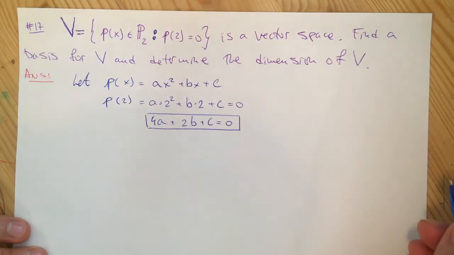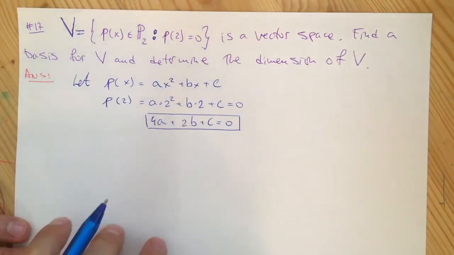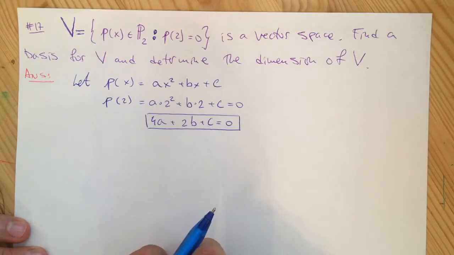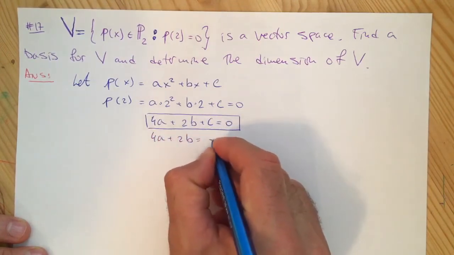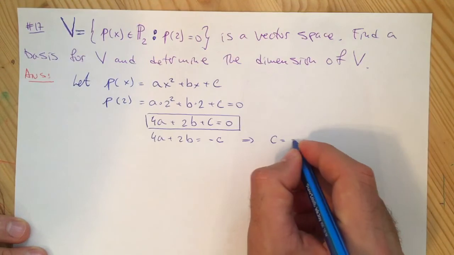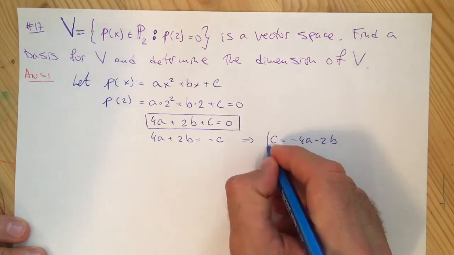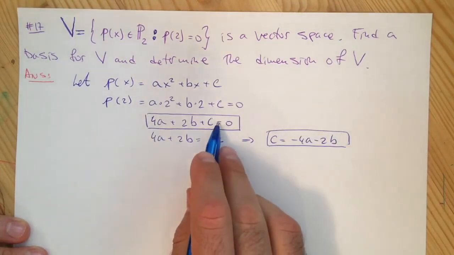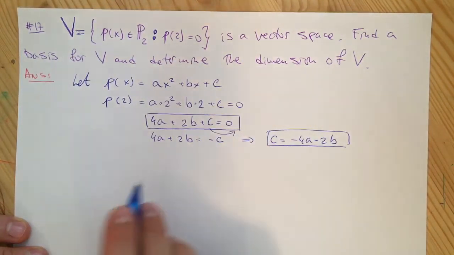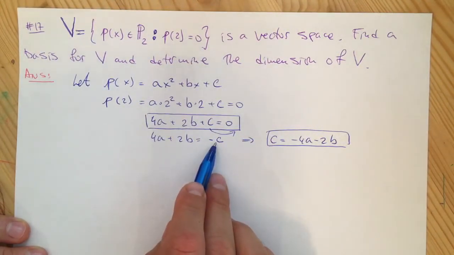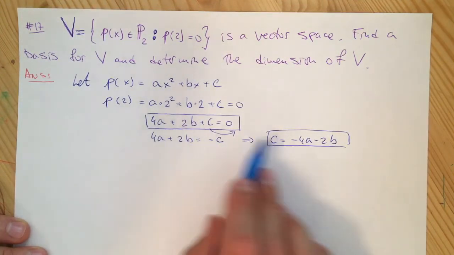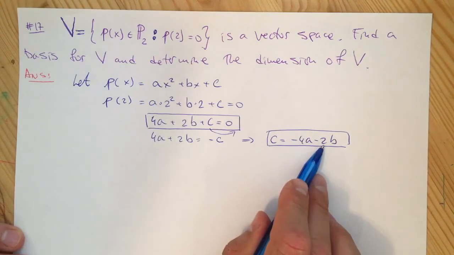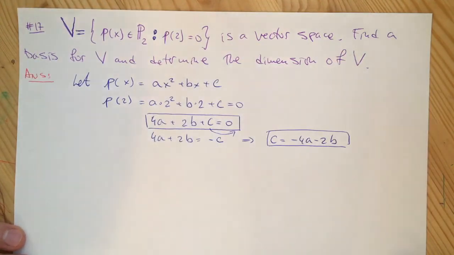It's your choice which one you take, and based on your choice you'll have different answers for the bases. There are many correct answers for this question. Let's say that 4a plus 2b is equal to negative c, or simply c is equal to negative 4a minus 2b. In the first step, I just brought c to the other side of the equation, it's negative c, and then to get only c, multiply both sides by negative 1, so c is equal to negative 4a minus 2b.